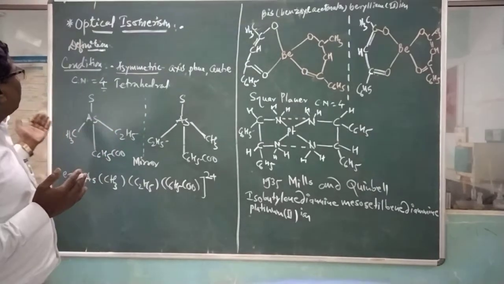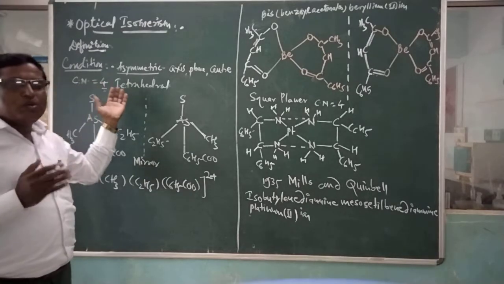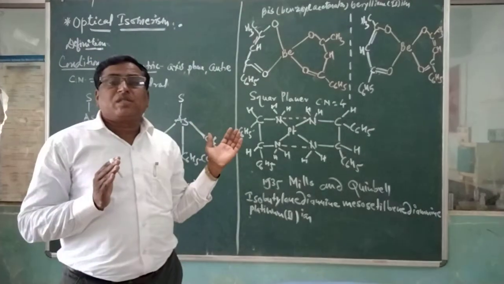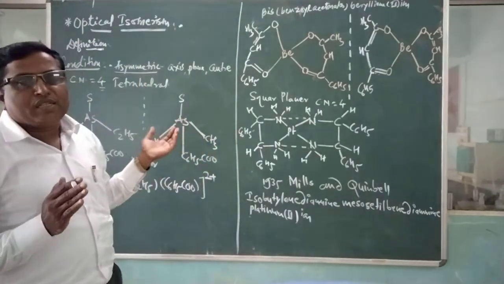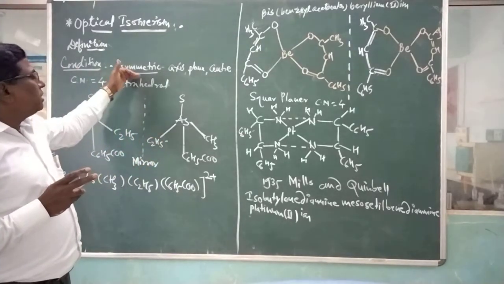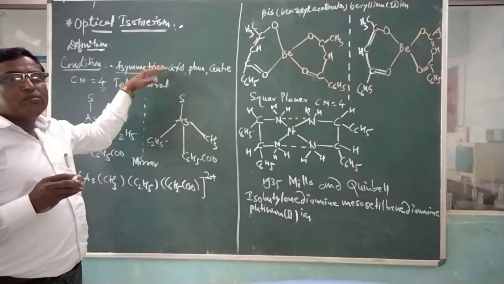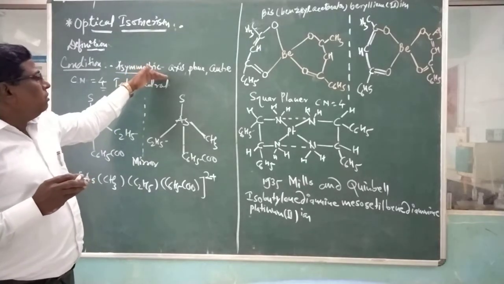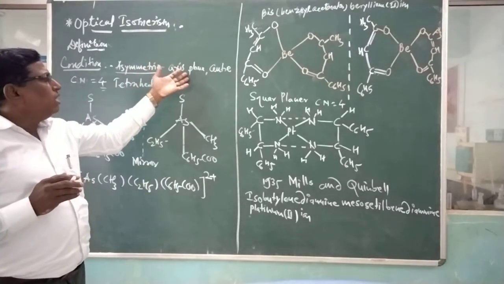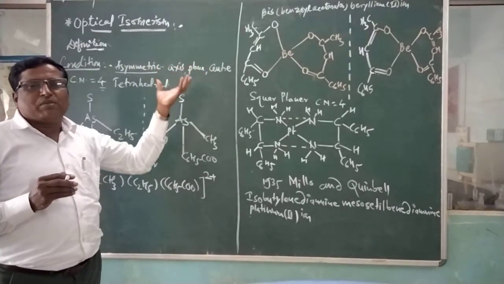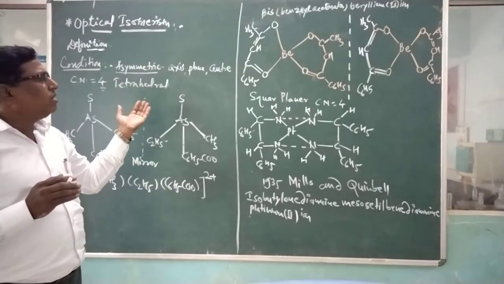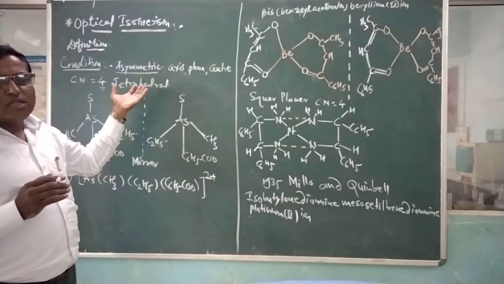Generally, the compounds which can possess optical isomers must satisfy some conditions. These compounds must be asymmetric. They do not possess an axis of symmetry, plane of symmetry, or center of symmetry; these must be absent in such coordination compounds, and hence they can show optical isomers.